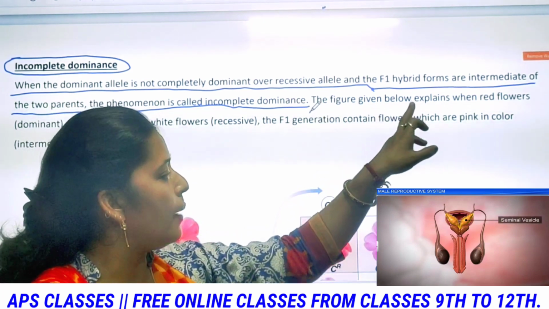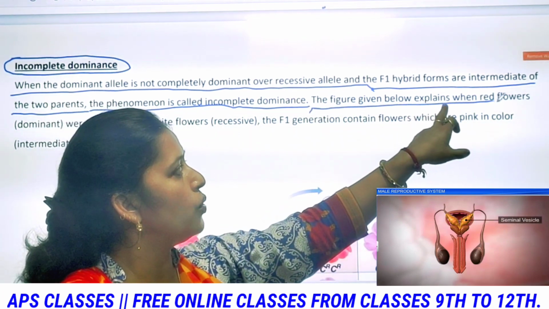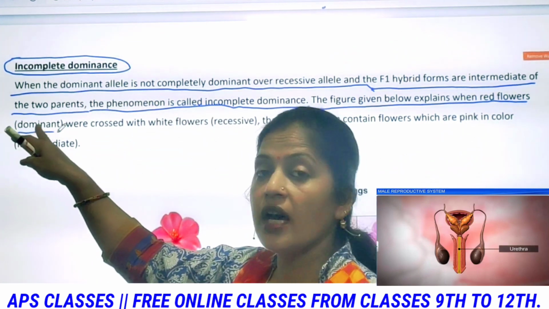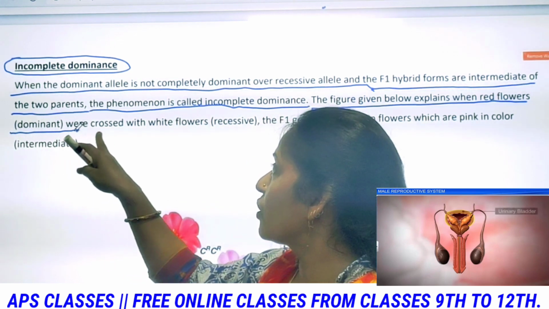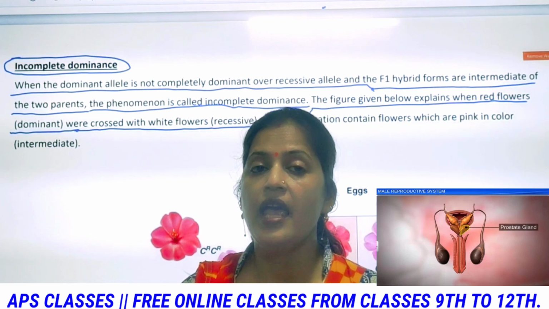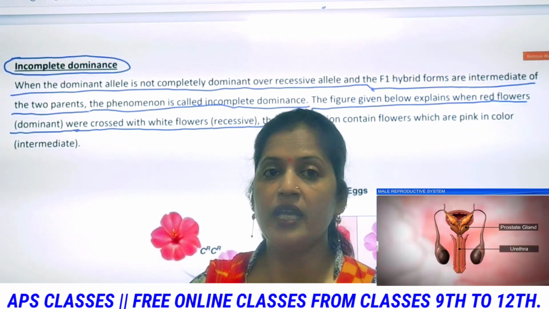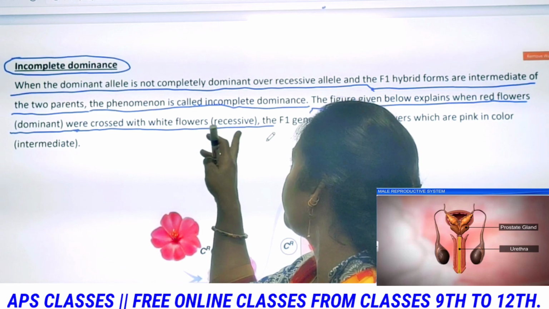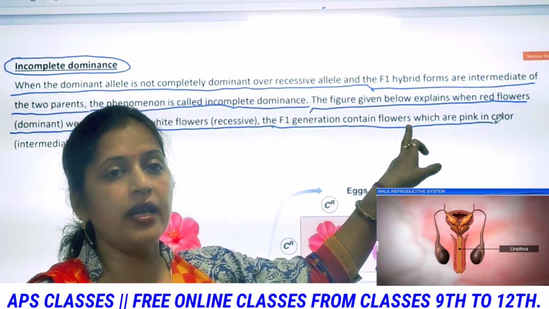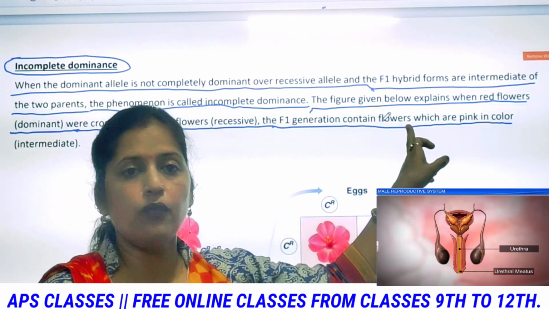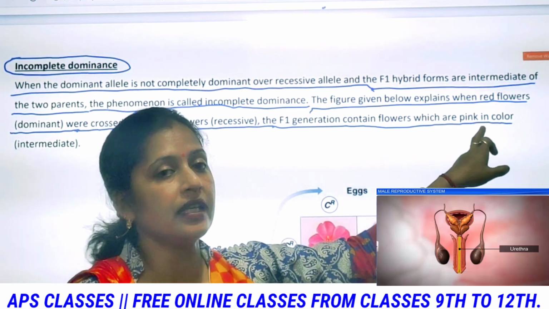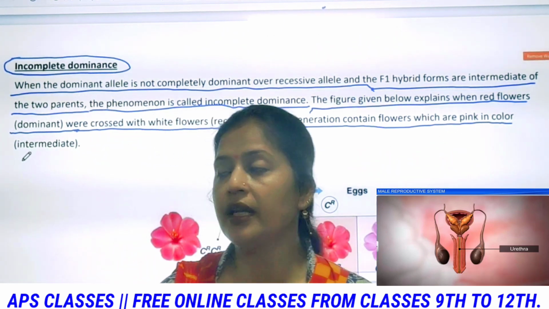The figure given below explains this. When red flowers, which are dominant, are crossed with white flowers, which are recessive, the F1 generation contains flowers that are pink in color.